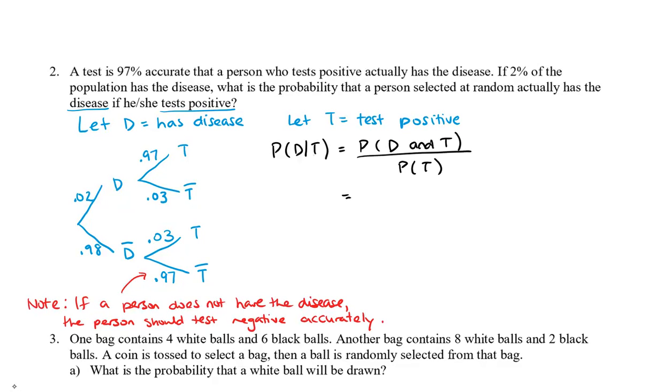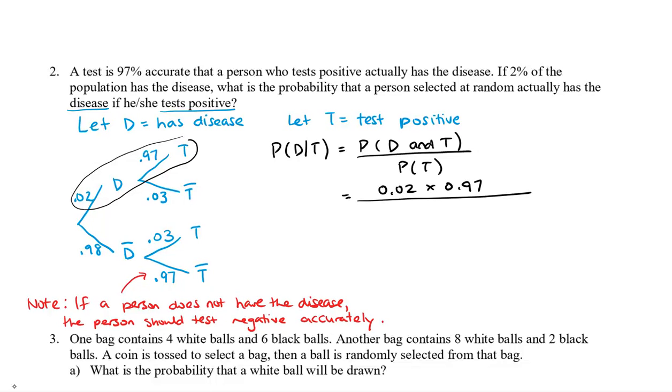So the probability of having the disease and testing positive is 0.02 times 0.97, which is this branch over here. And that's divided by the probability of testing positive.